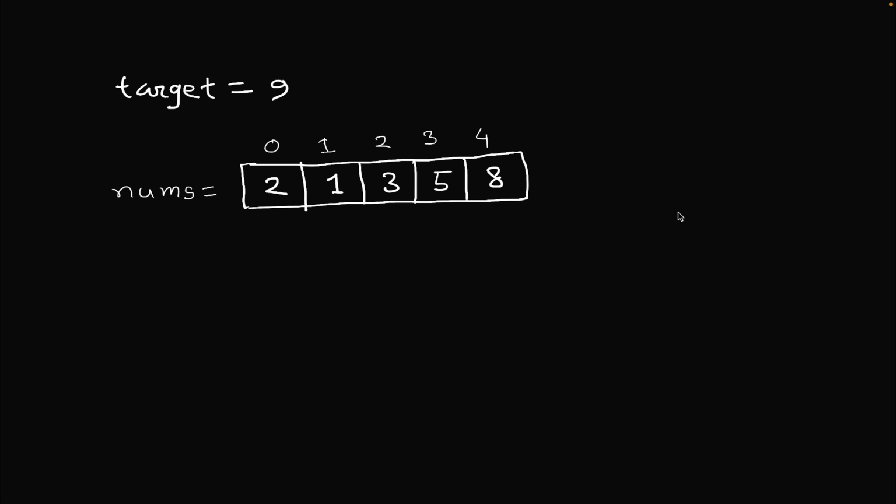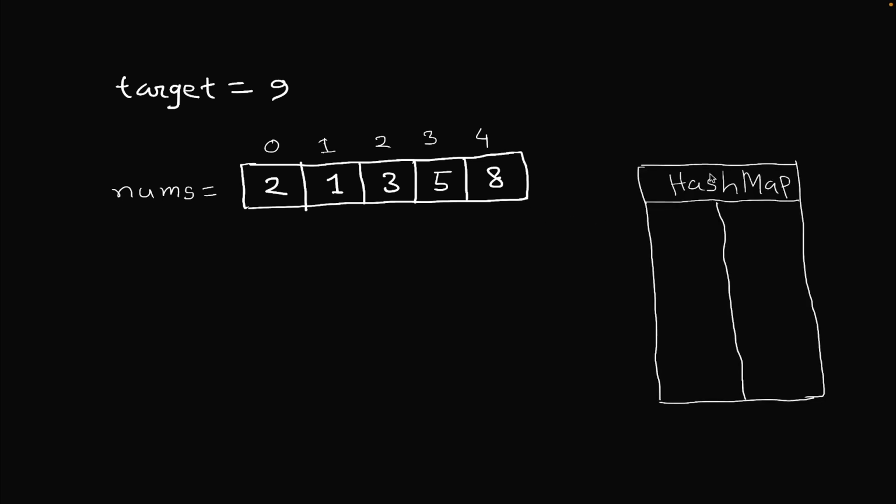Now let's create our hash map data structure. This is our hash map. As key, we're going to store the element. As value, we're going to store the index. Now let's scan this nums array from left to right. Our current element is 2.